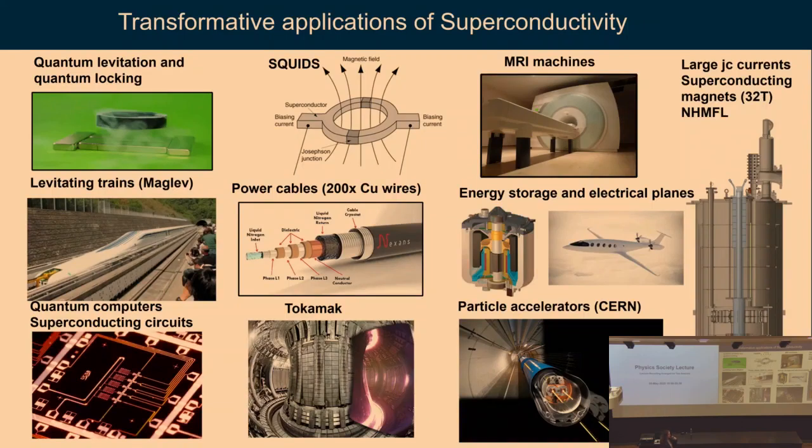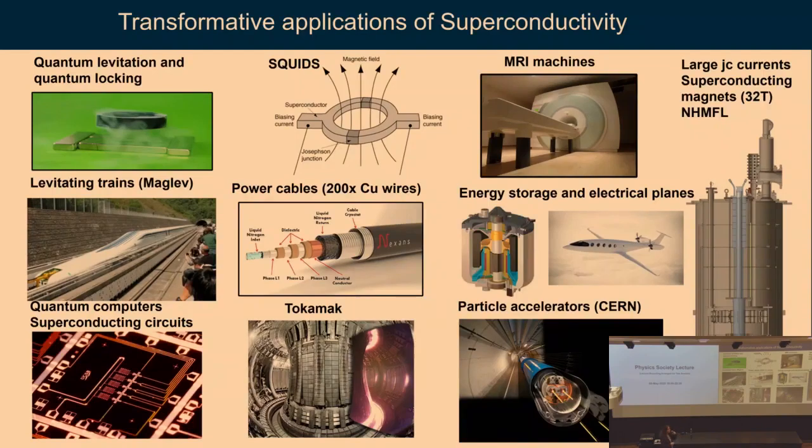In this case, they still need nitrogen cooling because Tc of this material is still not high enough for room temperature applications. MRI magnets are made of superconducting magnets, and they are set up in this persistent mode, such that you don't need to fill up the magnet every day to keep it in the superconducting state.